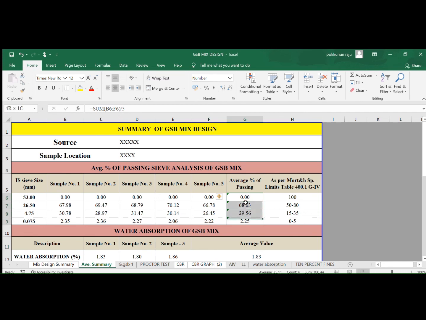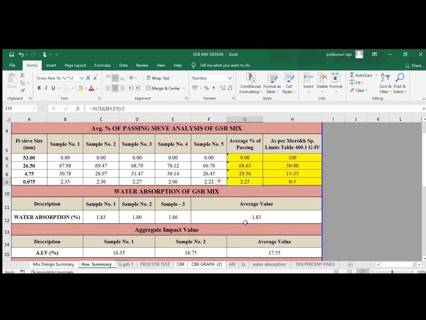This is the average value checked for the grading, and this is the limit as shown in MORTH: at 26.5 mm, the required percentage passing is 50 to 80, whereas the actual percentage passing is 68.3. At 75 microns, the required percentage passing is 0 to 5, whereas the actual percentage passing achieved is 2.25, hence approved in terms of grading.